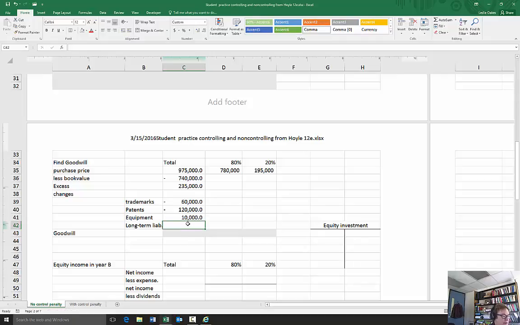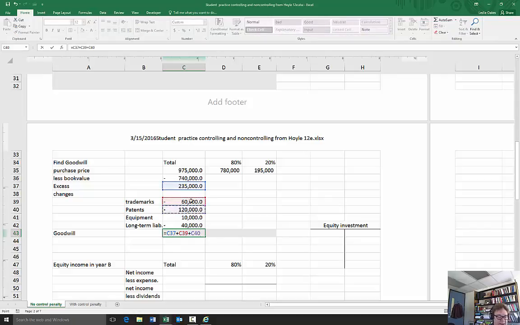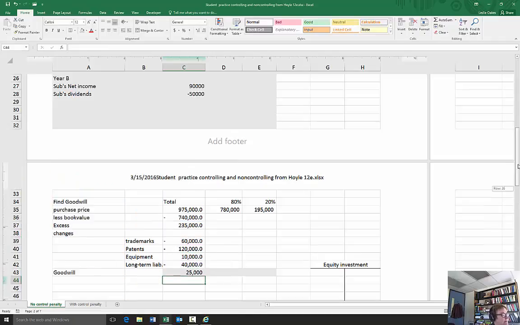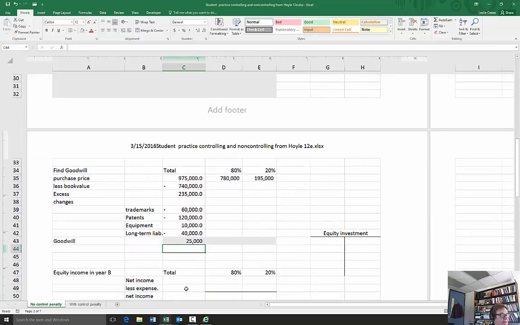And we have a change in the amount of the long-term liability, which helps explain the goodwill. So if we take the excess and subtract the things that we've explained, going all the way down, we get the total amount, and that's 25,000.